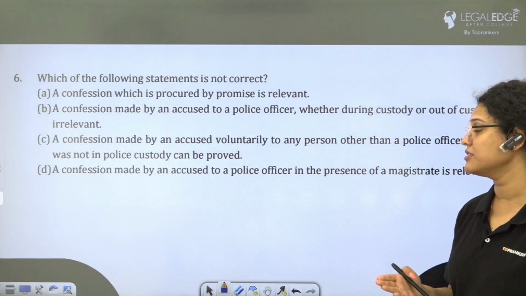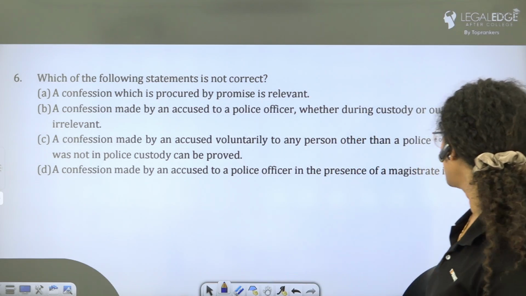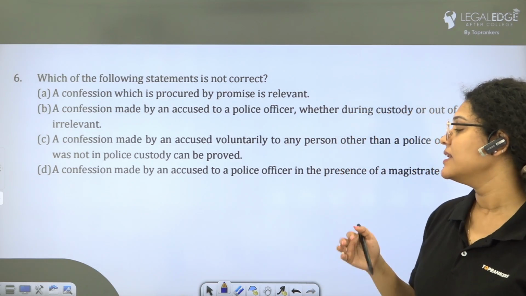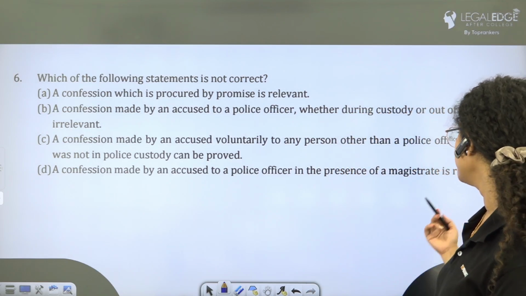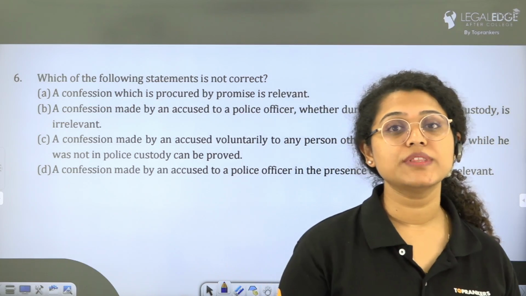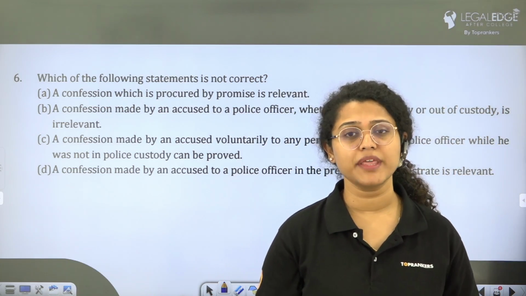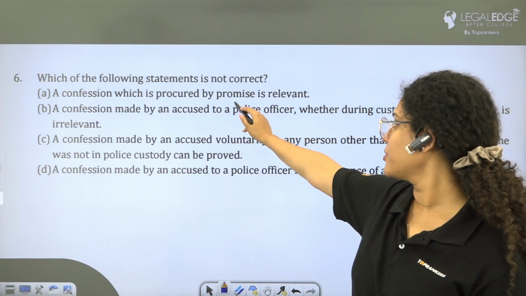C. A confession made by an accused voluntarily to any person other than a police officer while he was not in police custody can be proved. D. A confession made by an accused to a police officer in the presence of a magistrate is relevant. So here for each of these options you should know the section numbers, which section we have derived these options from.